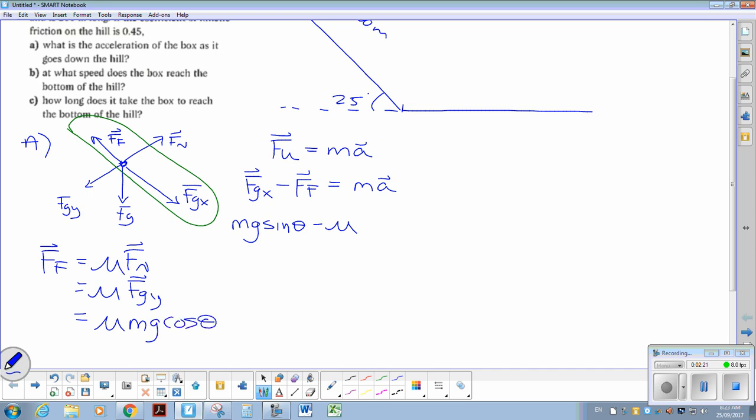And in the note, I talked about the geometry on why it's sine and cos for those particular components. Okay, so mg sin theta minus μmg cos theta equals ma.